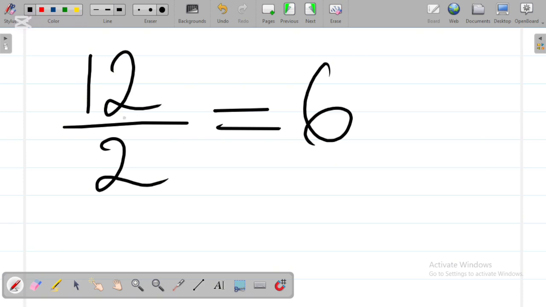I will repeat. When you say 12 is divisible by 2, that tells you that 2 will divide 12 and your result will be a whole number without a remainder. So 12 divided by 2 is 6. 6 is a whole number and there is no remainder.